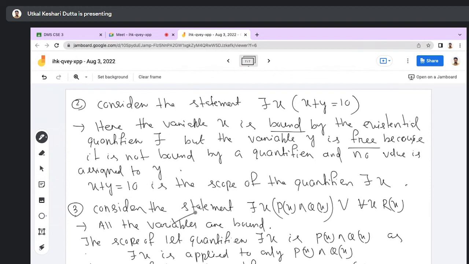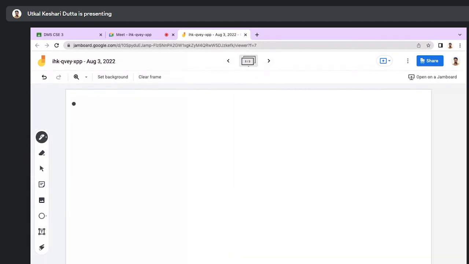So all the variables are bound, because for all x is applied to r of x, and there exists x is applied to the other part. You can see in this example that the scopes of the two quantifiers do not overlap each other.